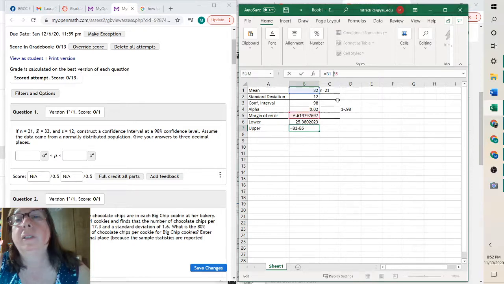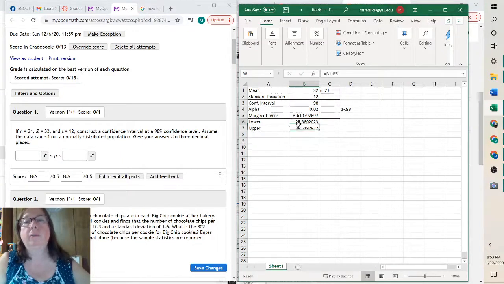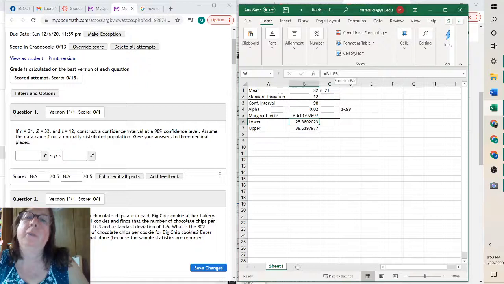It should be plus. So for the lower value, it's mean minus the margin of error. And then for the other one, it's the mean plus the margin of error. So we're 98% confident it's between those two values.